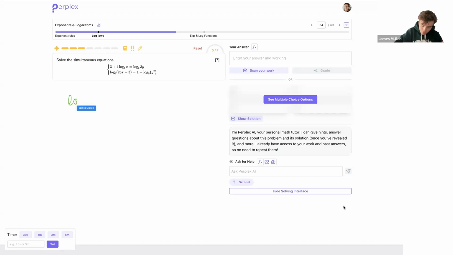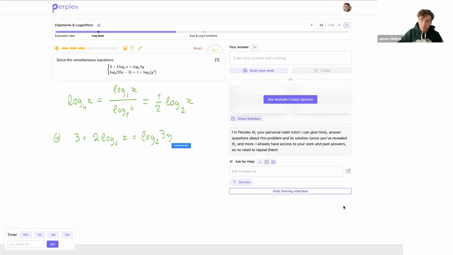I'm going to say log base 4 of x is log base 2 of x over log base 2 of 4, which is just half log base 2 of x, because log base 2 of 4 is 2. So that means the first equation becomes 3 plus 4 times half, which is 2, log base 2 of x, is equal to log base 2 of 3y.